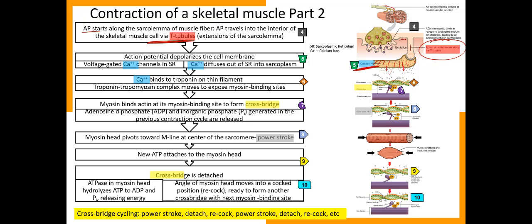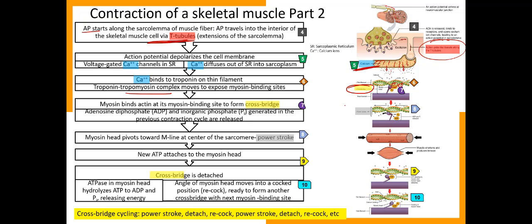So when calcium binds to the troponin, the troponin-tropomyosin complex moves out of the way to expose those myosin binding sites on the actin filaments. And that allows the myosin heads to bind to the active sites and form a cross bridge, right?